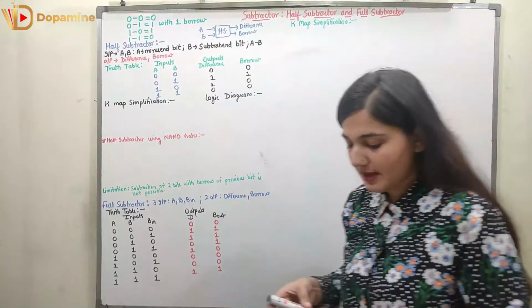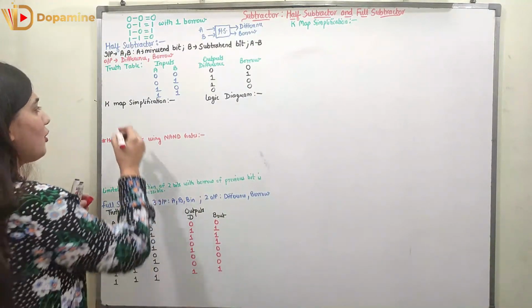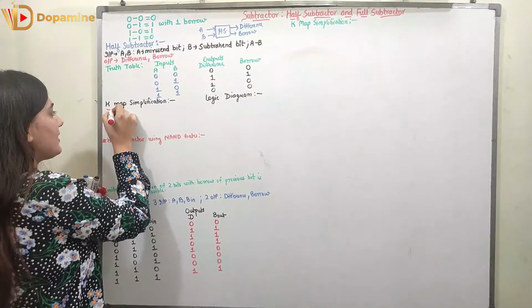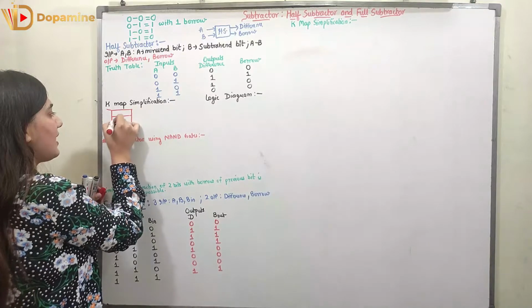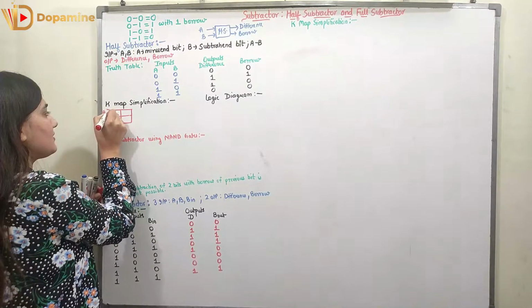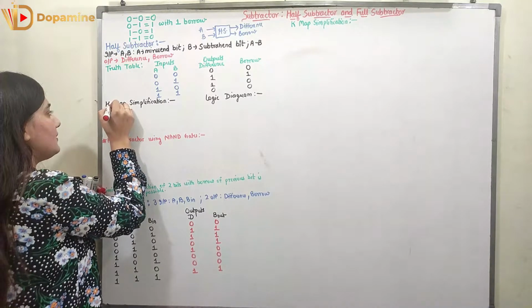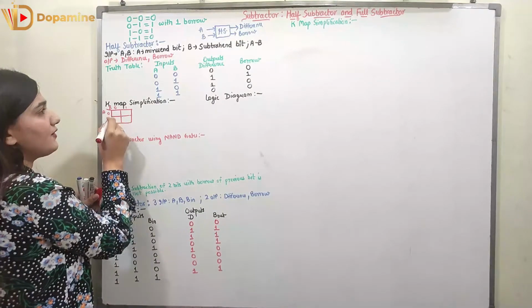Now coming to the K-map simplification. Now I have two outputs, difference and borrow. For the difference I will make a K-map, right? So here I will be having A and B in the K-map, right? So here we have A as 0 1, B as 0 1, right? So now let's fill the values.